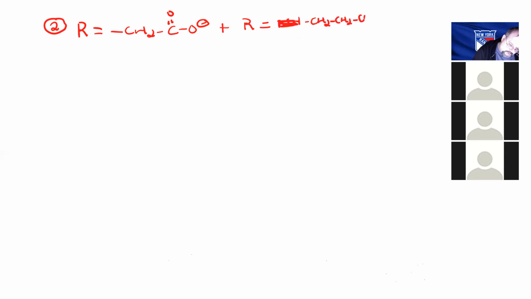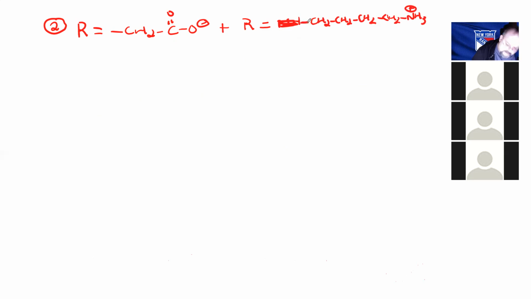Second, suppose we had for the first side chain CH2, C double bond O, O minus. And for the second side chain, we have, I wrote that wrong, CH2, CH2, CH2, CH2, NH3 plus.